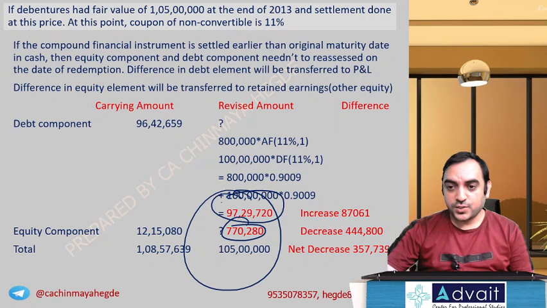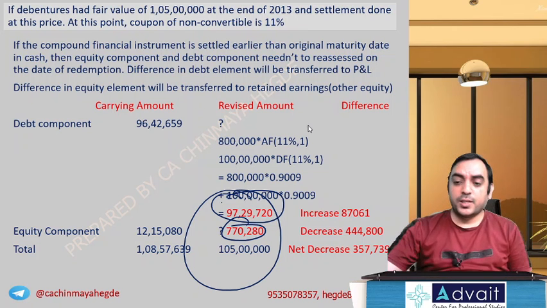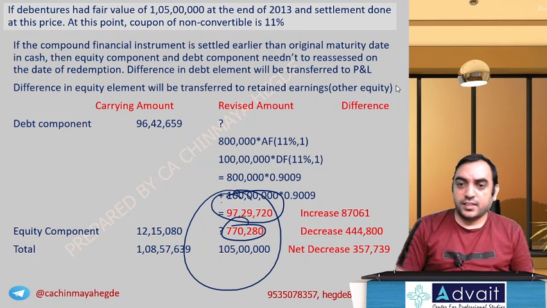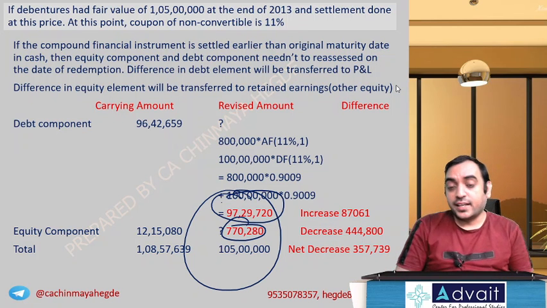Okay, hope no other doubts. Got the complete picture. And the equities are not issued. Here equity is settled on cash basis. That's why we credited bank.